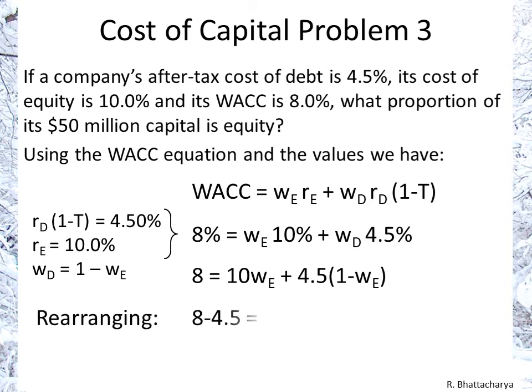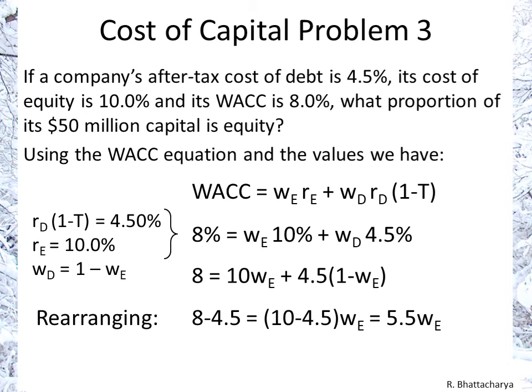Now with that equation we can solve and rearrange, and we have 8 equals 10 minus 4.5 WE. Okay, and then we're going to take this 10, move it over to that side, so we're subtracting it.